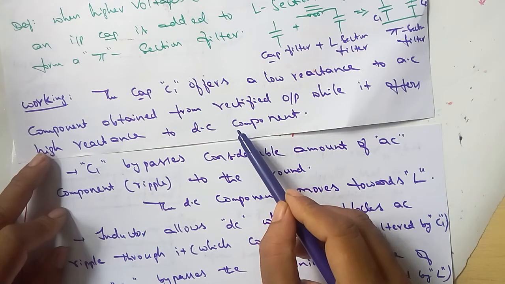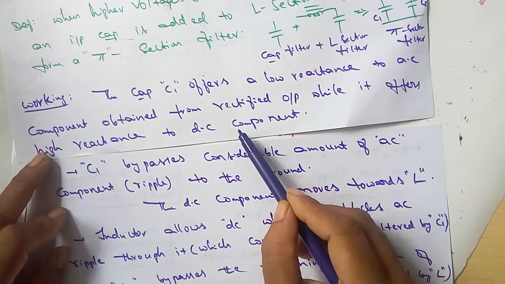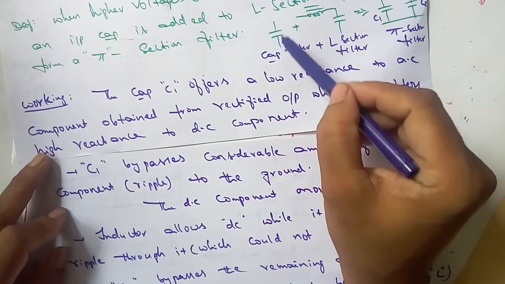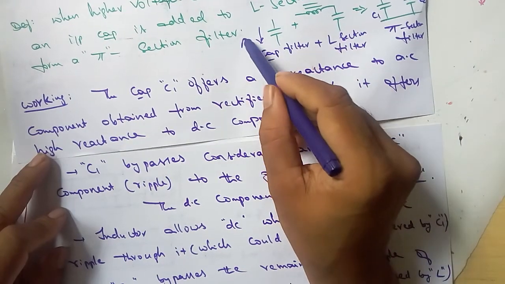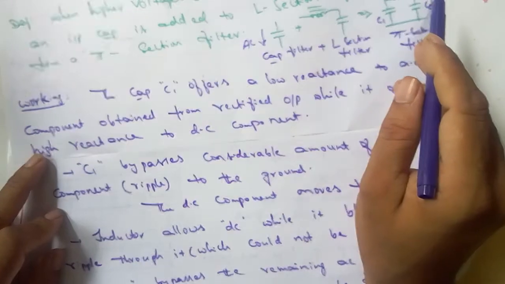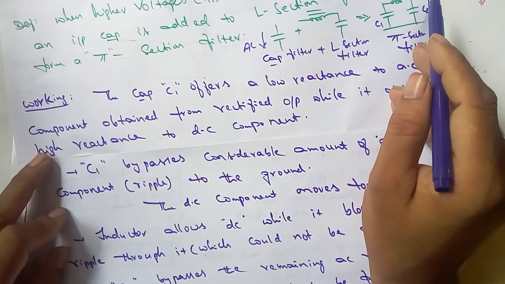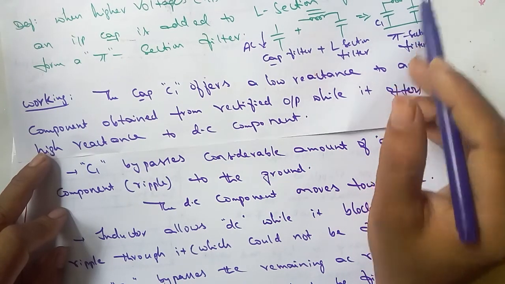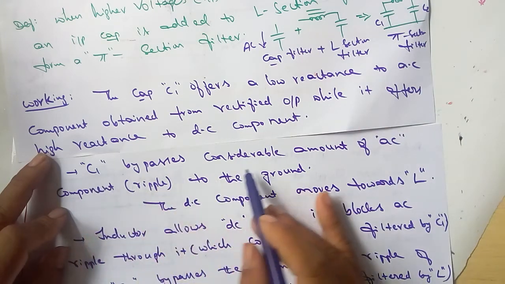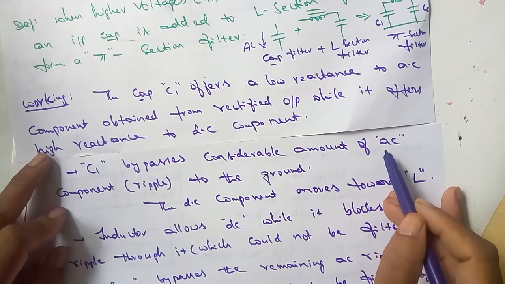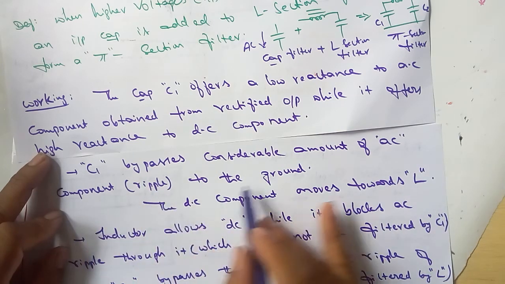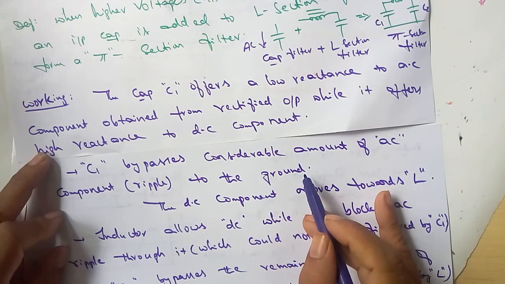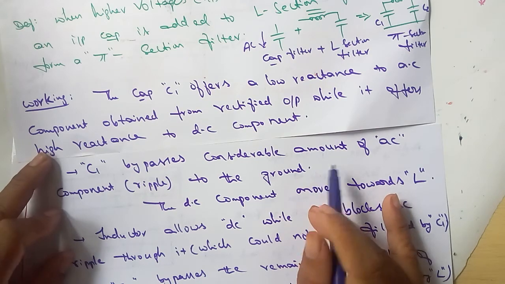It does not allow DC, it allows only AC. That's why some of the AC component is grounded. Hence C1 bypasses a considerable amount of AC component, that is ripple, to the ground. This is the first point. Then the capacitor working has completed.